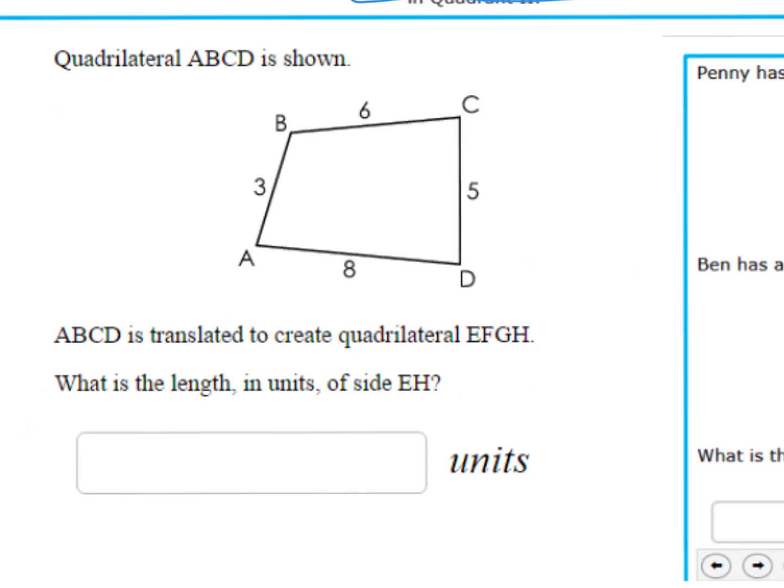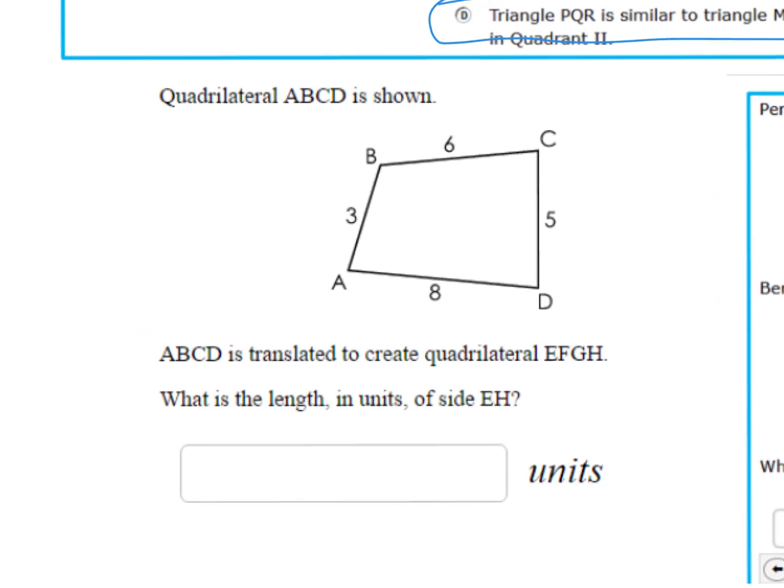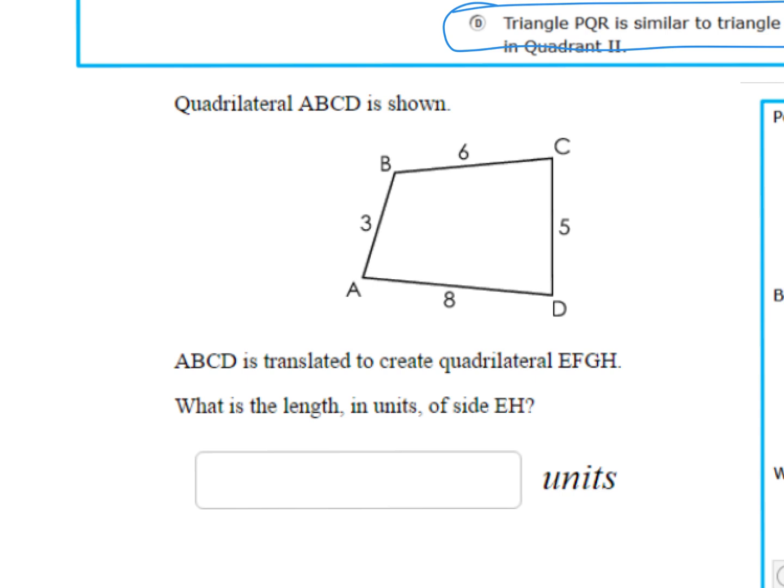It says ABCD is translated, so we slide it, and we create quadrilateral EFGH. Okay, so we just take this same shape and size, and we just slide it over here or wherever.